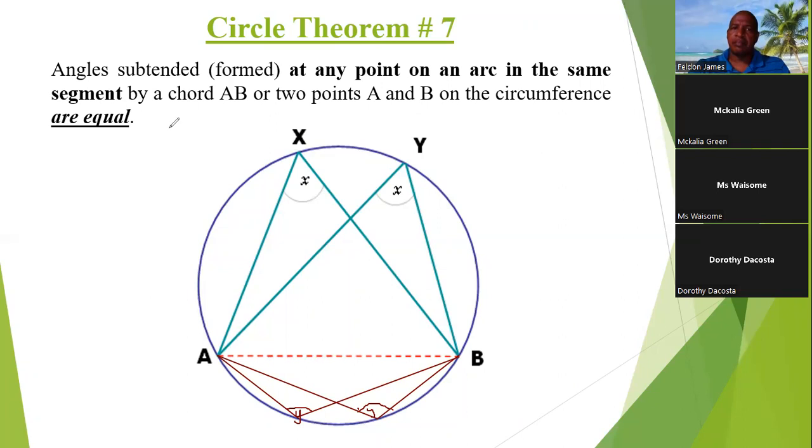The one A to B, sir. Right. So if AB forms the segment, which part of the circle would be the segment?